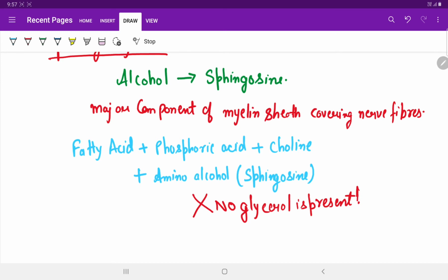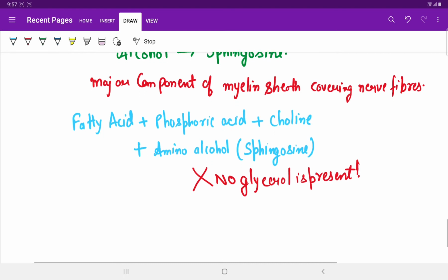So two components, sphingosine and fatty acid, joined together form ceramide, and a structure that will be formed is glycosphingolipids.